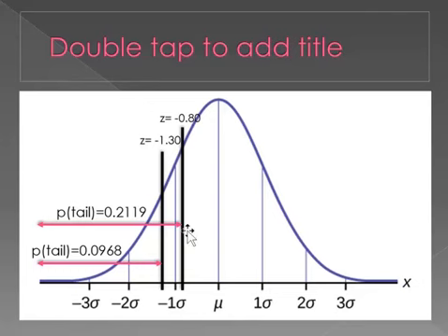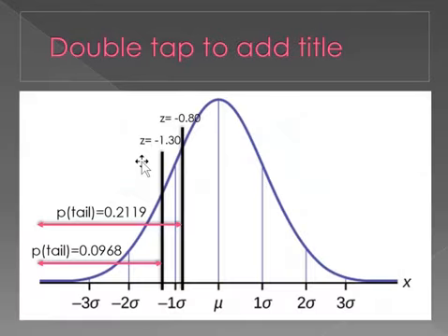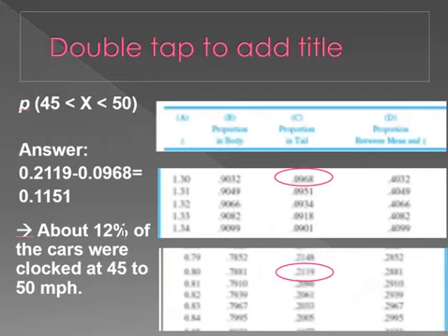And again, if I look them up in the table, these are the proportions that I get. So remember, I would subtract the smaller value out of the larger value, and I get a proportion of 0.1151. So again, looking in the tail for these two particular z-scores. And remember, even though these scores are negative, because we're dealing with a normal distribution, it's symmetrical, so we treat them as absolute values.